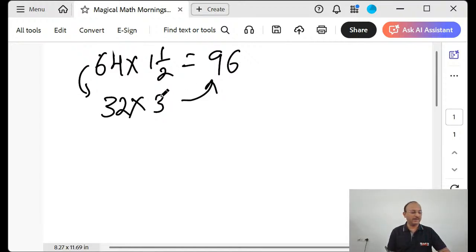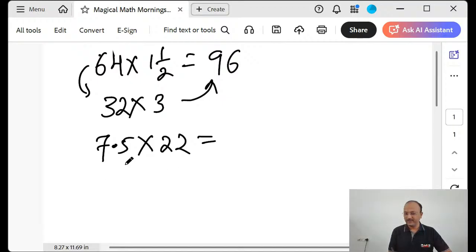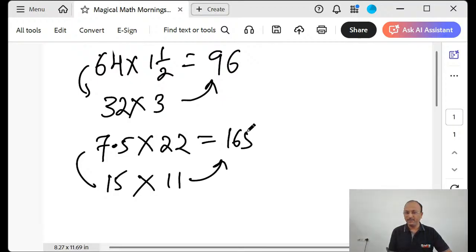Yes, any number. Let's take a little bigger number. 7.5 into 22. Either way around we can do. Double of 7.5 is 15. 22 half is 11. 15 11s are. Multiplication with 11 we already know. Directly 165. We can easily try them by mind itself, correct?